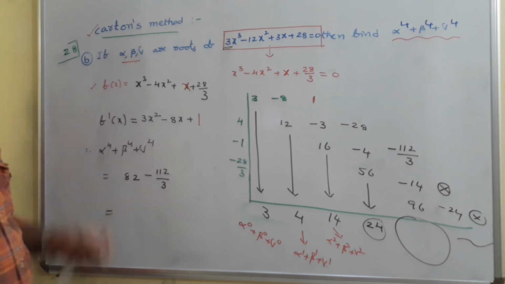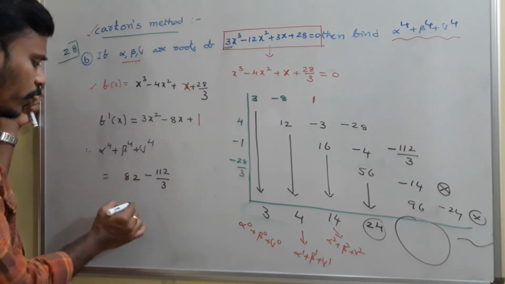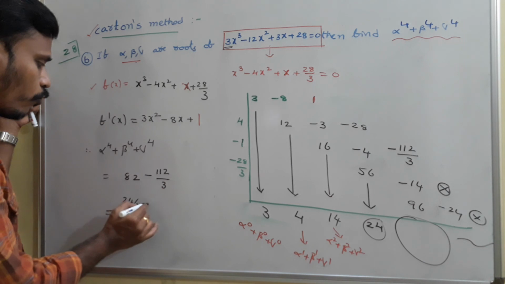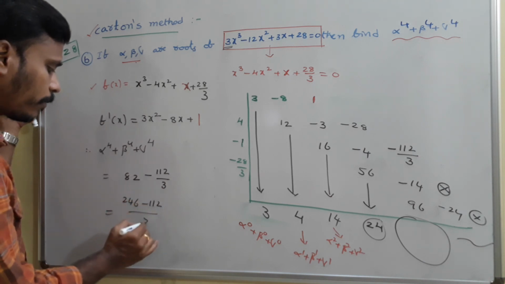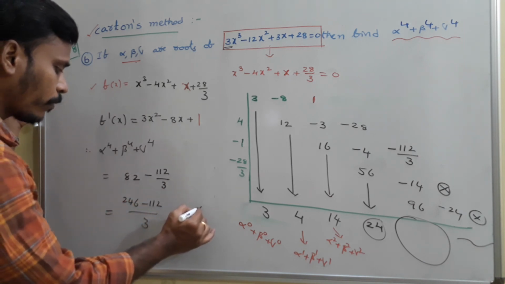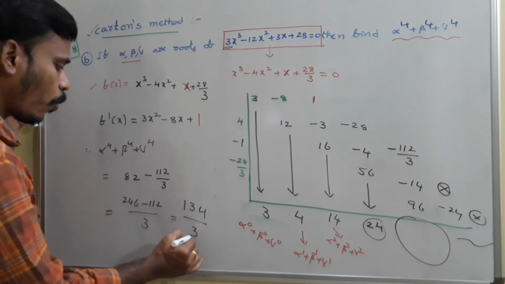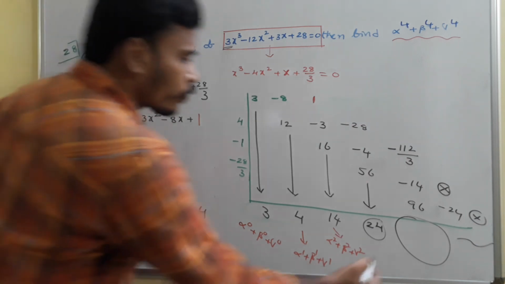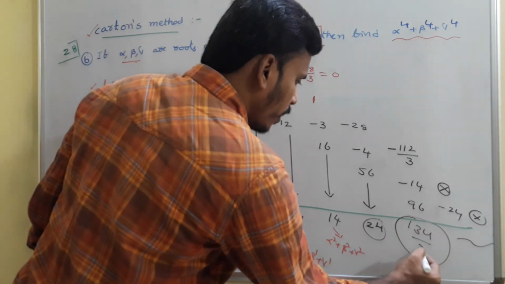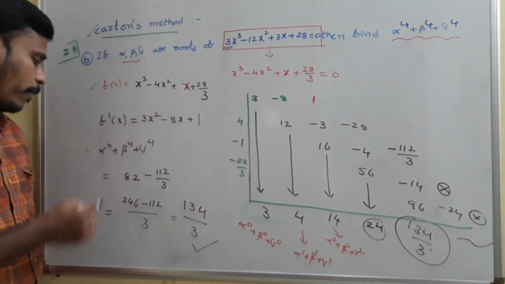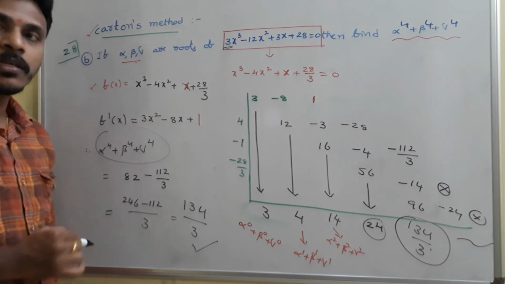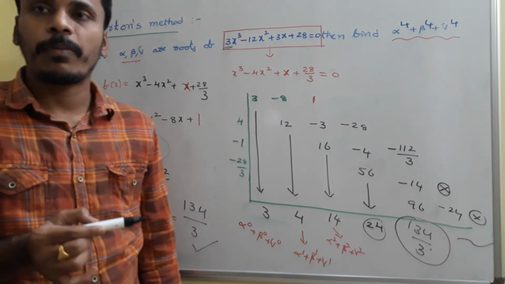This value we need to calculate. Just simply calculate it. 3 2 is 6, 3 8 is 24, 246 minus 112 by 3. And then 6 minus 2 is 4, 4 minus 1 is 3, 2 minus 1 is 1, 134 by 3. So this value is 134 by 3, and that 134 by 3 will represent alpha power 4 plus beta power 4 plus gamma power 4.